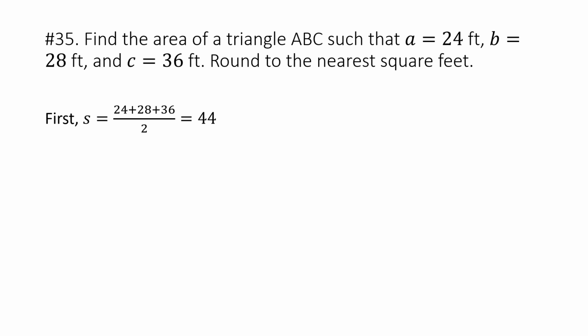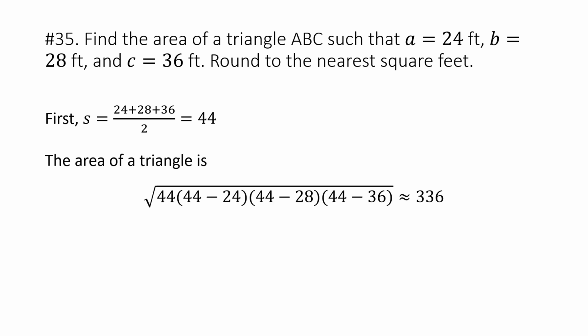So this is 44. So I plug into my formula, square root of S, 44, S minus A, 44 minus 24, 44 minus B, 28, 44 minus C, 44 minus 36. If you plug it into your calculator, it is approximately 336 square feet.